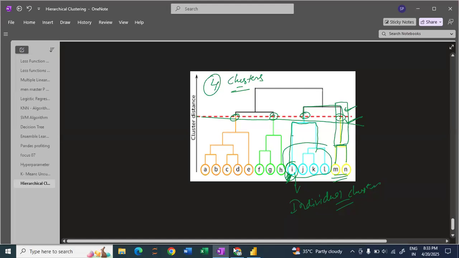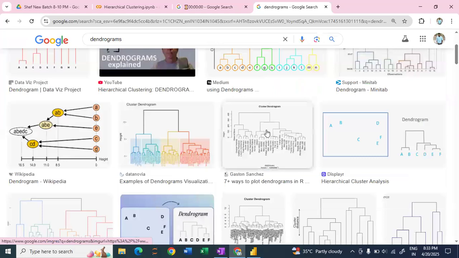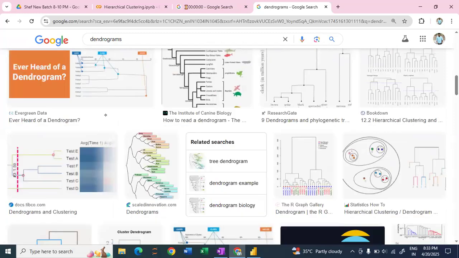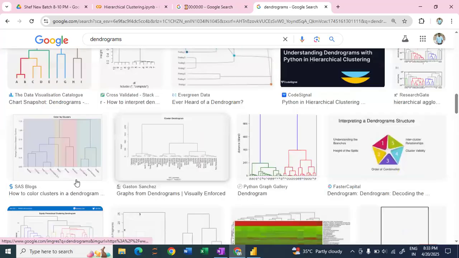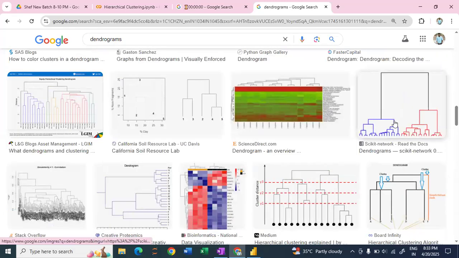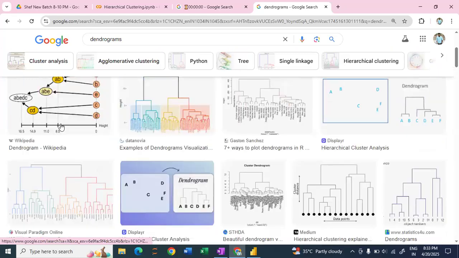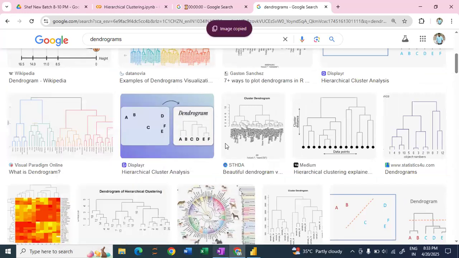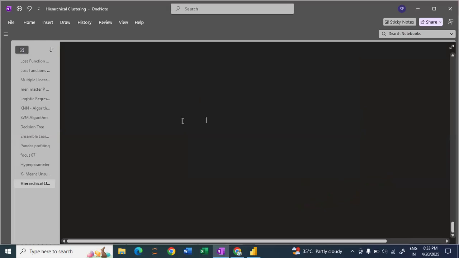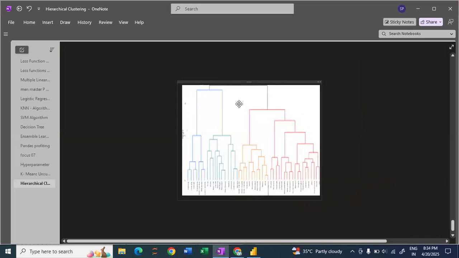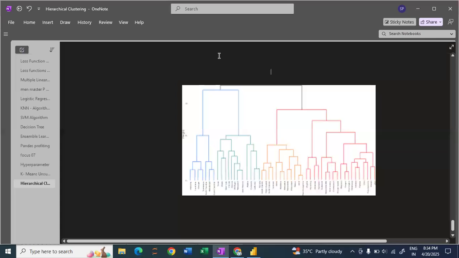Now let's take one more example. Now find out the vertical line and just cut the dendrogram.